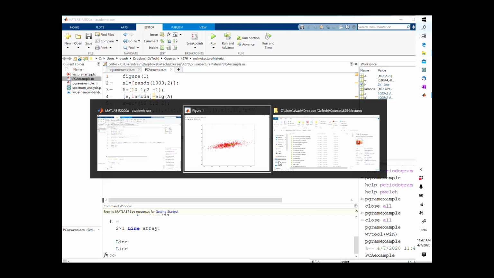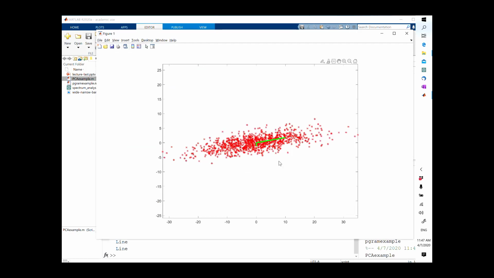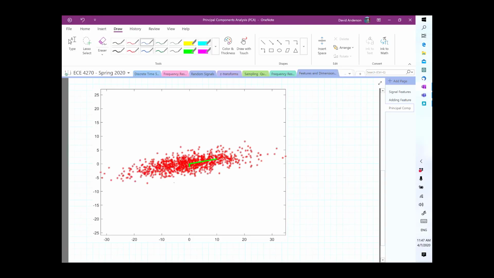Let's go back and look at that plot. It may be, in fact, let's just copy that. It may be that we just have one particular type of data. It varies along one dimension, but when we observe it, there's a bunch of noise. Well, the noise is going to perhaps affect both dimensions, but it would account for this spread that we have, this vertical, or almost vertical spread.